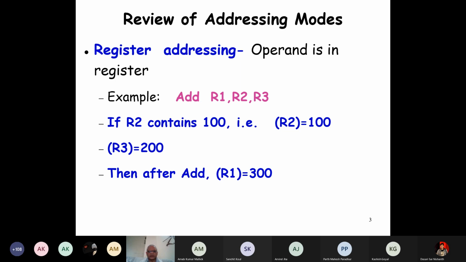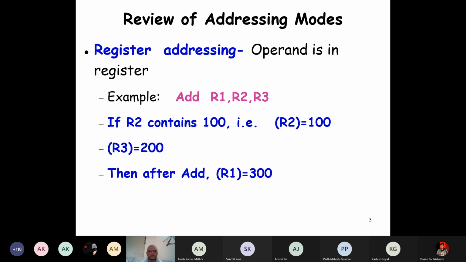Simplest one, the data or the operand is already there in the register, and this mode says that the destination register R1, the addressing mode of R1, is register addressing, sometimes called register direct addressing. And the two source operands are in R2, R3, and both of these also have register direct addressing.